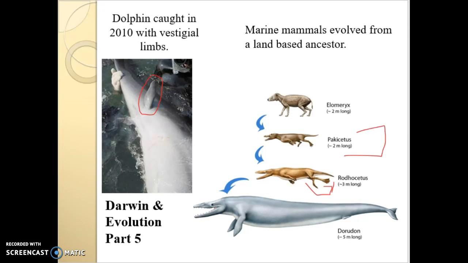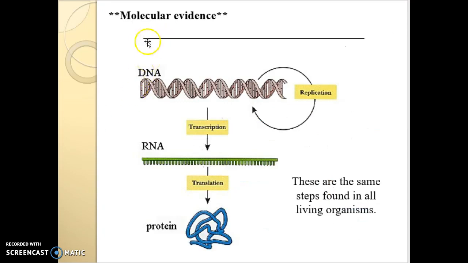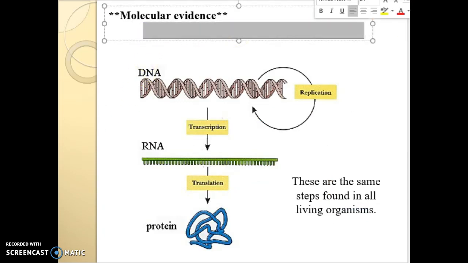Then you get into the anatomy side of it, all the different anatomical aspects. We talked about biogeography. We talked about continental drift. All these things are lines of evidence that were available when Darwin was researching and studying natural selection and formulating his idea. One of the newest lines of evidence that is providing phenomenal evidence and support for evolution is the molecular side of things, molecular biology.